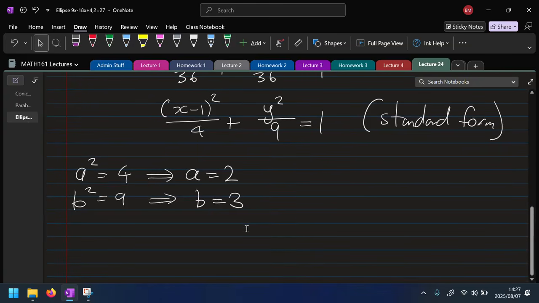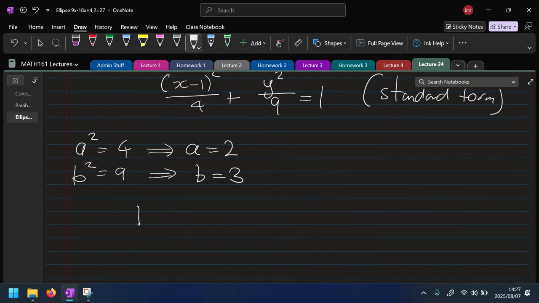All right, so we've got a and b. We're missing c. Remember, those were the 3 things we needed. So how do we find c? Well, we know for the ellipse, b squared is a squared minus c squared, and we can use that to find the missing value. So b squared, that was 9, a squared, that was 4, c squared, we don't know what that is.